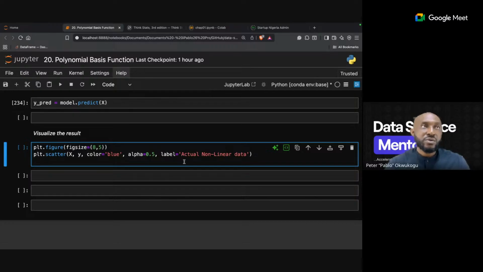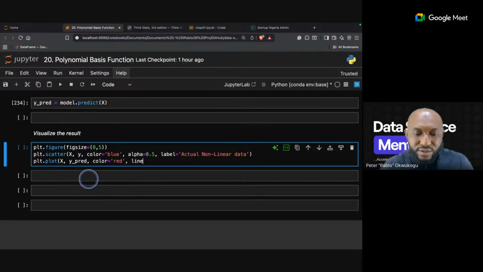So the next thing we'll do is plt.plot. This one we're just going to plot on top of the scatter plot. Here we're going to have x, which is our features, but instead of y we're going to look at the model we predicted, so that's y_pred. Then we give it a distinct color, and this is going to be red.